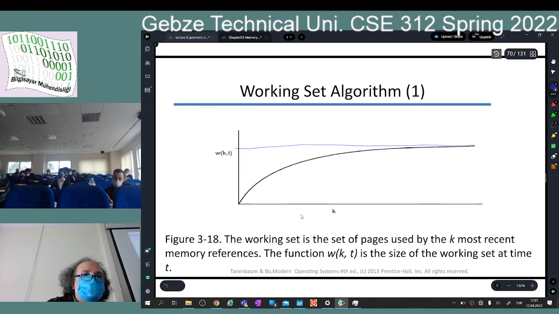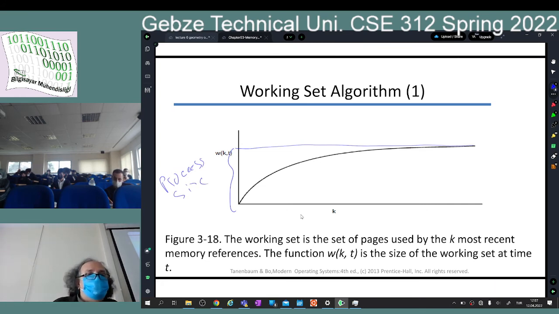That's the process size. This process will not use more pages than this process size. But I don't keep my whole process in the memory because I don't use many of these pages.